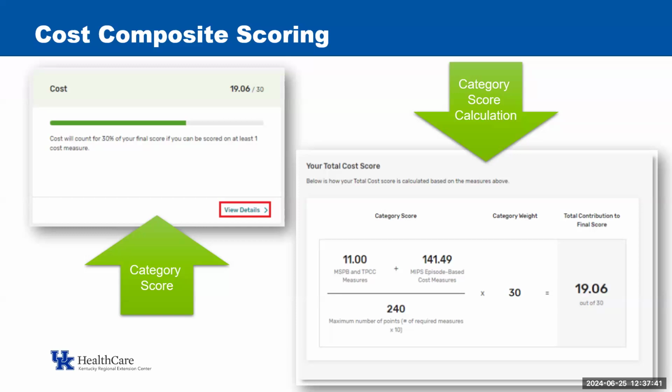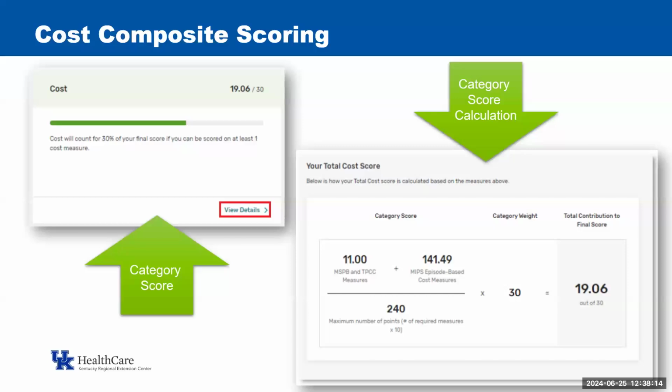So using this example, CMS says that this practice was eligible to be scored on 24 measures. And out of those 24 measures, their achievement points was 141 total. So CMS adds Medicare spending plus episode based, and then divides that by the total points possible. So in this case, 240. In the example, they've made the math very complicated. We would not have done that.